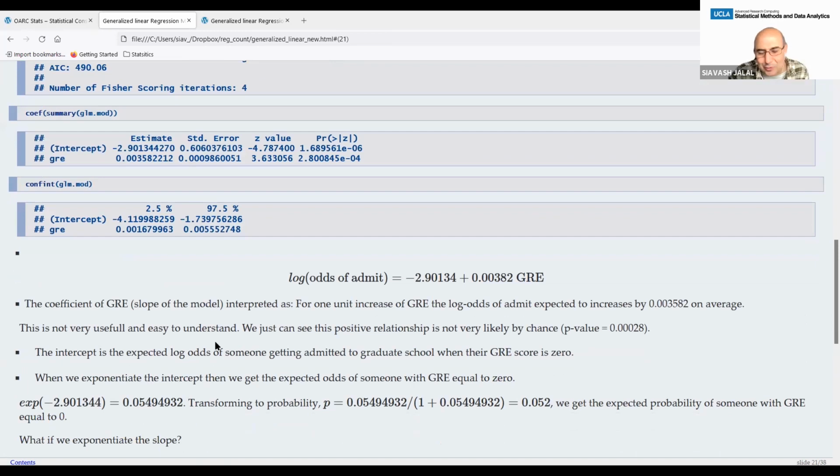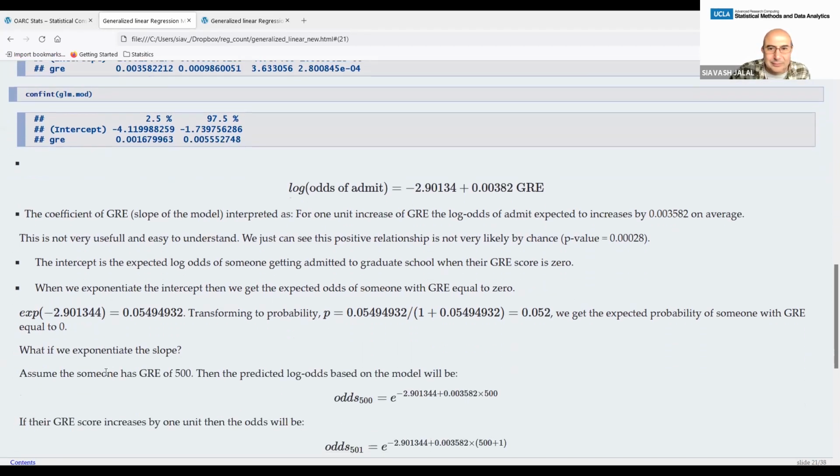So if you assume there is no relationship between GRE and admission, then the chance of getting this effect or something more than this effect is basically this much. That's the p-value.